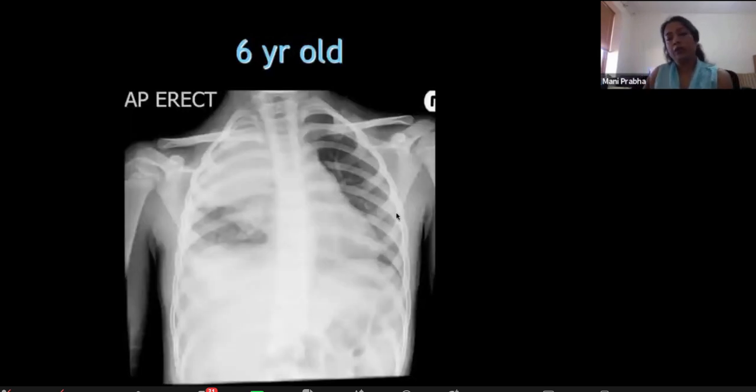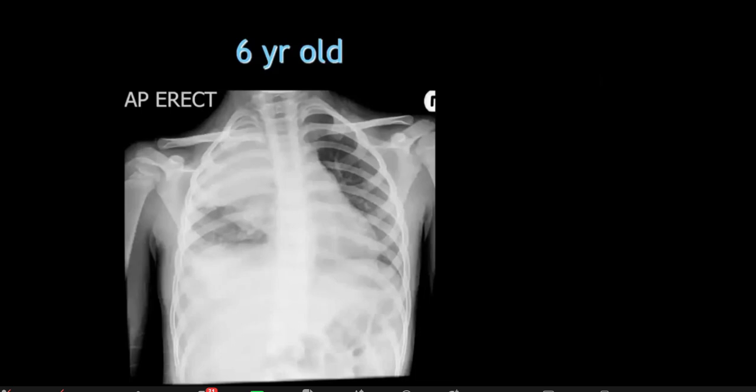Would you like to describe this for me, please? It's a frontal chest radiograph of a 6-year-old child. It's an AP erect film, which is demonstrating an air fluid level and opacification of the right upper and mid zone. The rest of the lung appears normal.